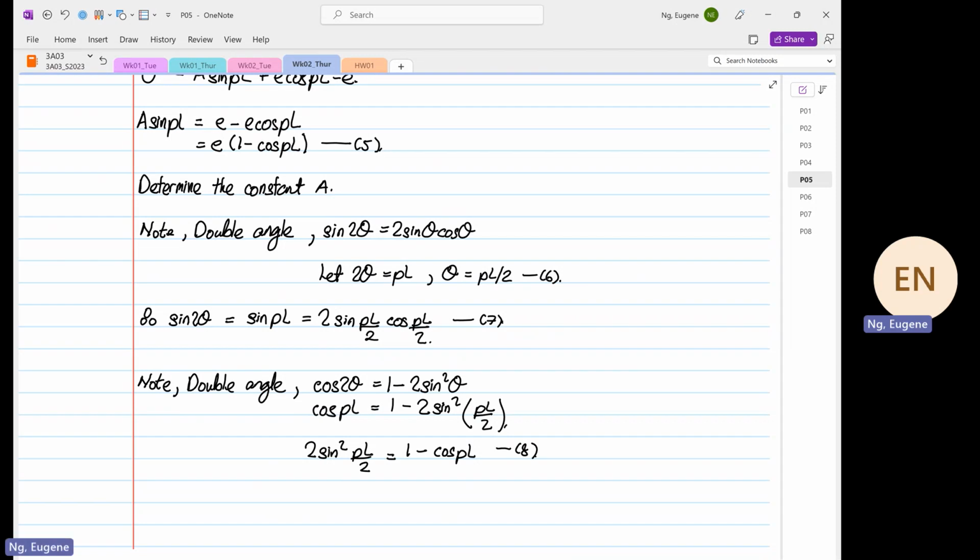So what we are trying to establish down here is we are going to substitute equations 7 and 8 into equation number 5.